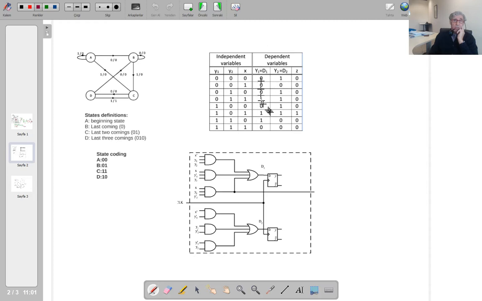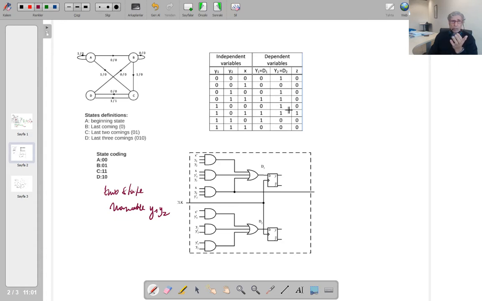Since we've got two state variables, what are they? Y1, Y2. These are independent state variables. That is our X, our input. So these are the independent variables. So next state function here and output functions here.